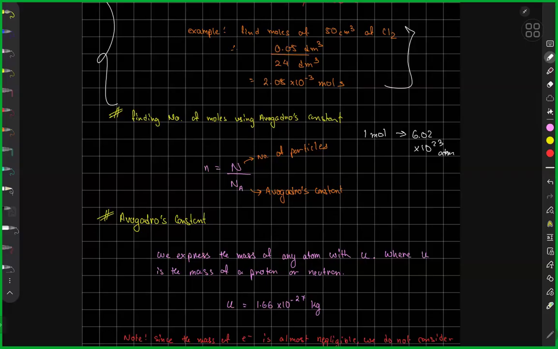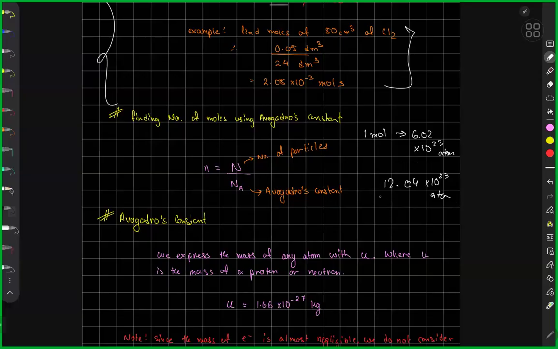Now, if I tell you that I have, let's say, not 6.02 into 10 to the power 23, but I multiply by 2 and say 12.04 into 10 to the power 23 atoms, how many moles of any substance do I have over here? These are the number of particles I have.